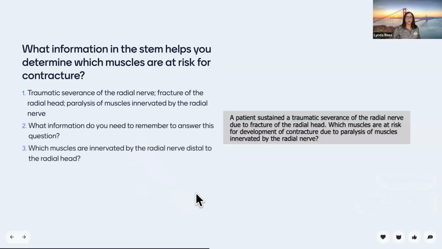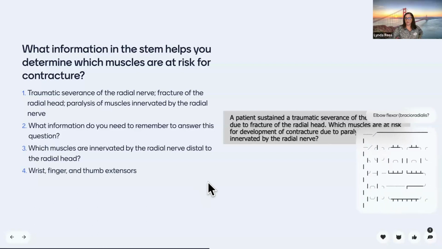Okay, so we've already mentioned this: muscles that are innervated by the radial nerve distal to the radial head. So we've got triceps and wrist extensors. Excellent. Anything else? Okay, we've got extensors. The snuff box, okay. So wrist, finger, and thumb extensors.